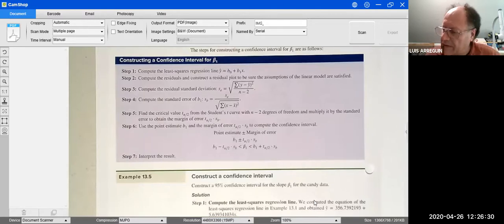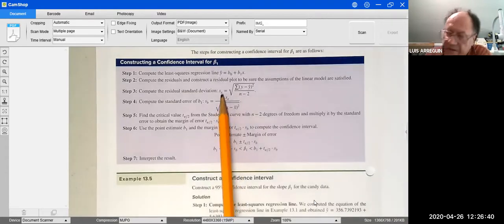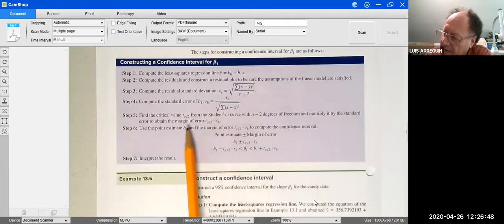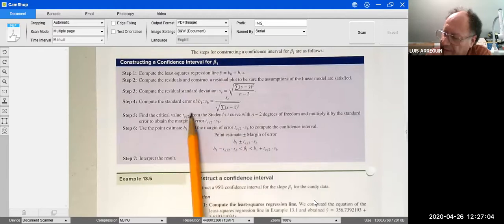You have here in your book the steps to build the confidence interval. You can see that we're going to need the residual standard deviation, the standard error of the slope, and then we're going to find our critical value t alpha over 2 to be able to build the confidence interval, because we need to find the margin of error, and the margin of error is a function of the critical value that we're going to find.